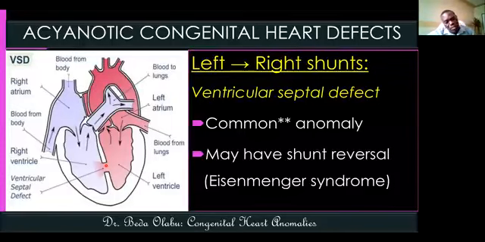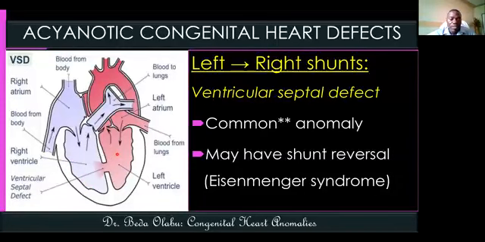VSD is very interesting because with time, the right ventricle will be struggling. As this baby grows, the right chamber pressures increase. And so it might reach some age where the right chamber pressures are actually higher than the left chamber pressures.